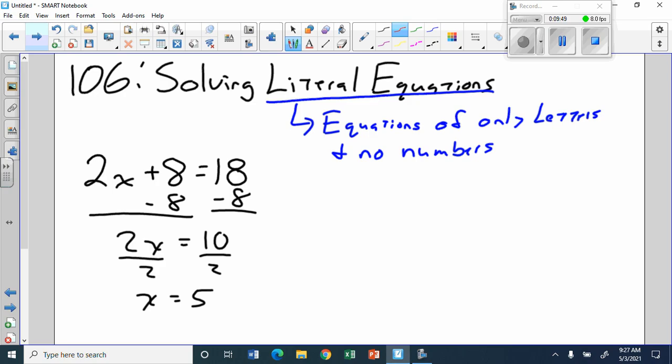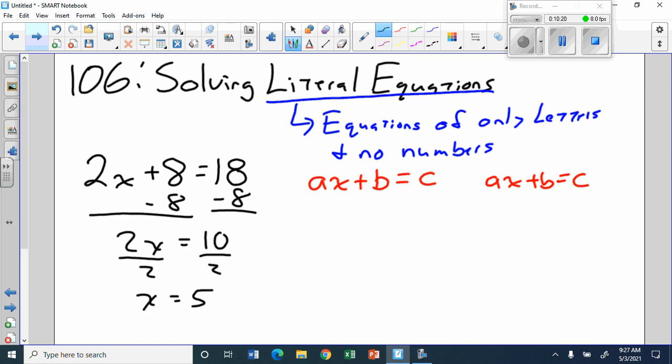So what happens today, we take a literal equation. Let's change this up. And we're going to say I have ax plus b equals c. I can solve for any of the letters in this. Okay? So let me real quick write the same thing next to it. ax plus b equals c.